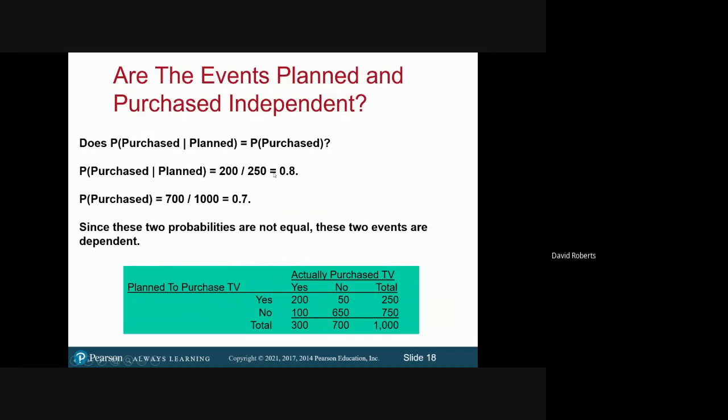If the two numbers are the same, the 80% and the 70, that means they are independent. So the two probabilities are not equal, so these two events are dependent. If they're the same, they're independent. So if it's 80-80 or 70-70, then they're independent. You just check the probability of each, and if they're the same number, they're independent. If they're not the same number, they're dependent.